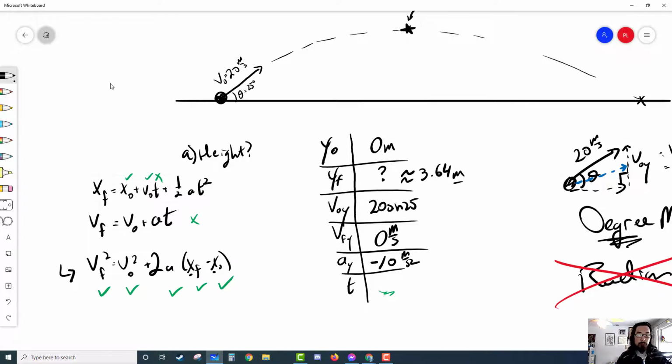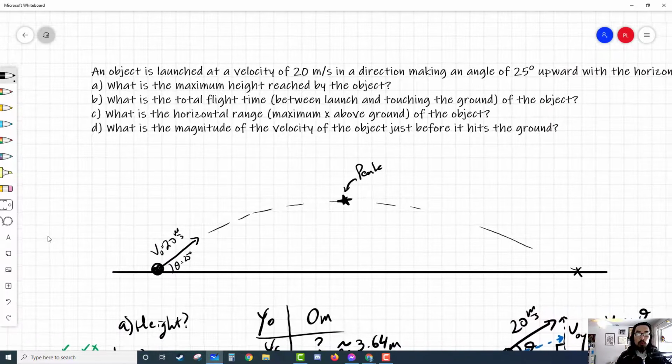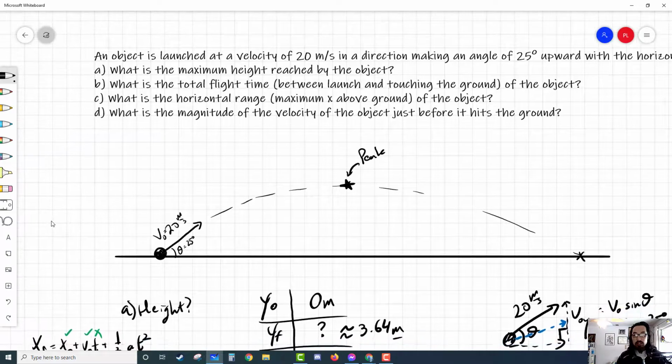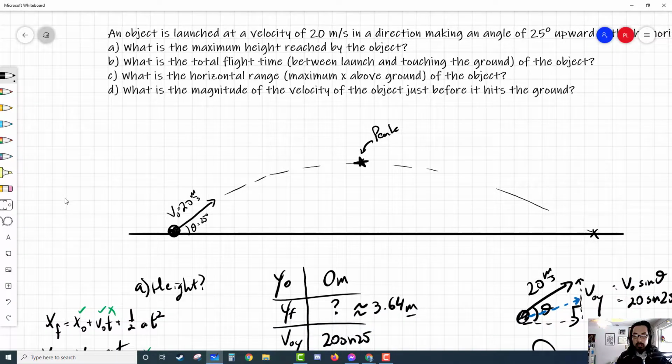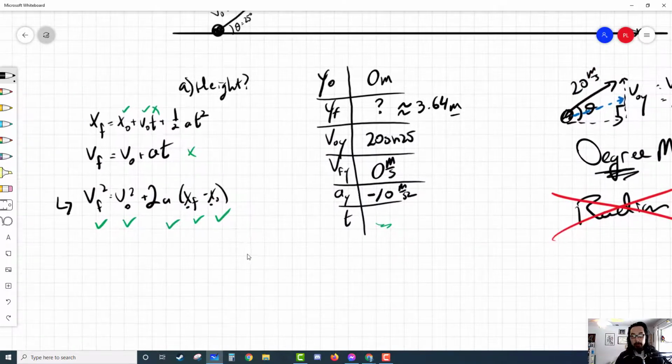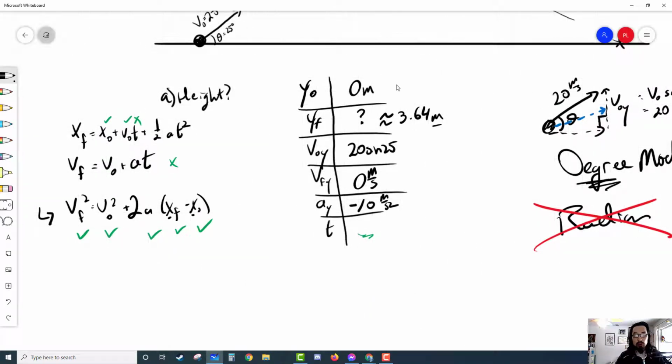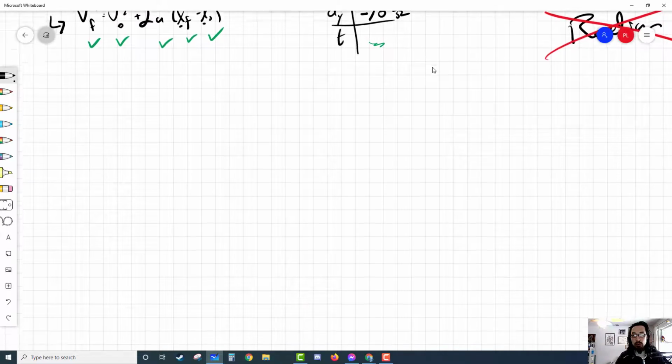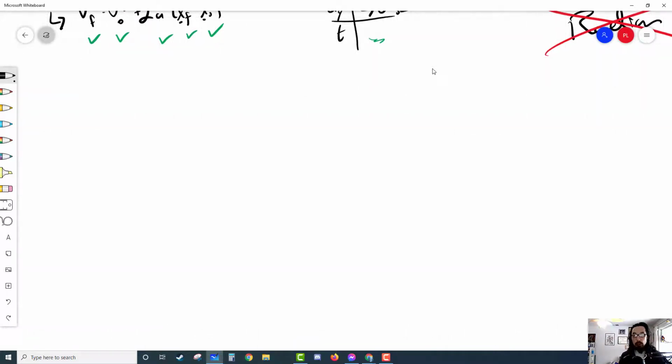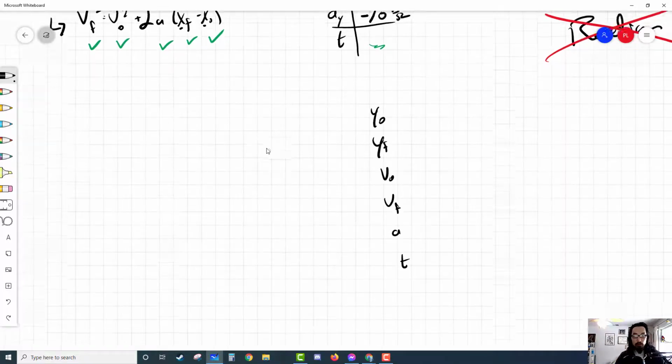All right, next up. What is the total flight time between launch and touching the ground of the object? It looks like we can probably use the y table, because remember what I said, usually the y table helps us with finding the time. So I'm going to create another table because this is for a different problem. Now, here's something cool.